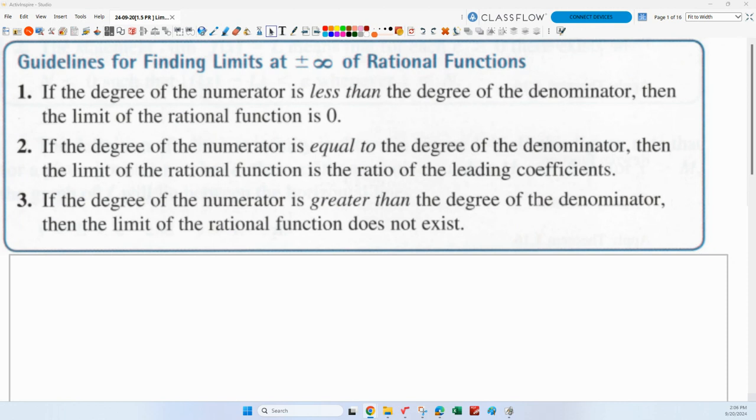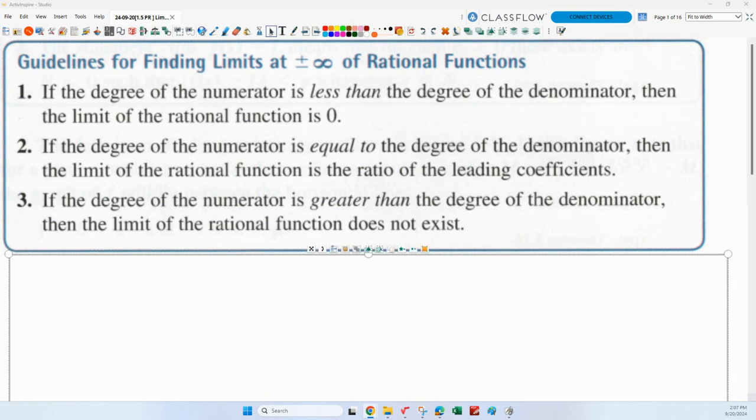If the degree of the numerator and the denominator are equal, then the limit at plus or minus infinity is the ratio of the leading coefficients. And if the degree of the numerator is bigger than the degree of the denominator, there is no horizontal asymptote. Something else is happening, right? Rational functions share the same end behavior on the left and the right every time. So there's a single horizontal asymptote that guides the function both on the left and the right, which is convenient.